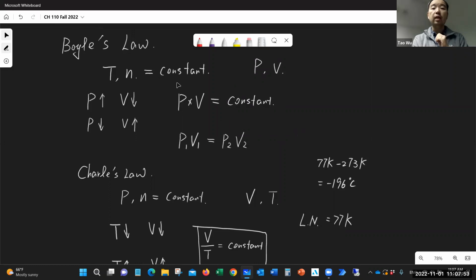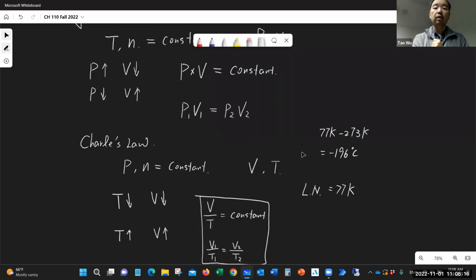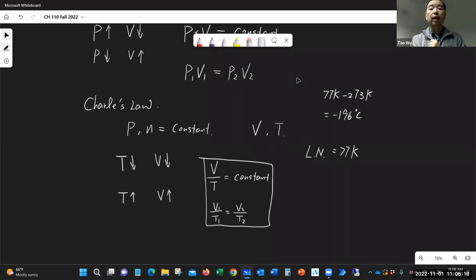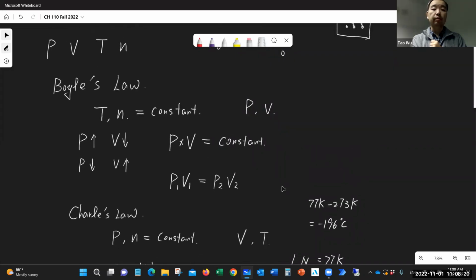So you can write either P times V is equal to a constant, or you can just write P1 V1 equal to P2 V2. That talks about 2 different points. If you have one point shifting to another point, then based on the parameters, you can figure out the other point. So that is what we call Boyle's law.